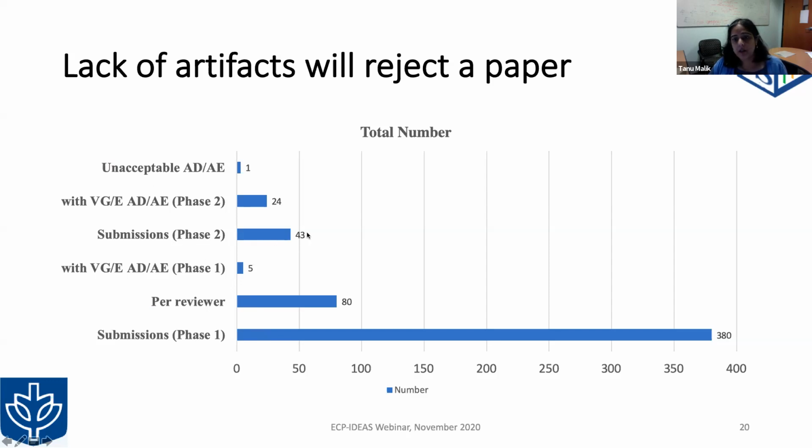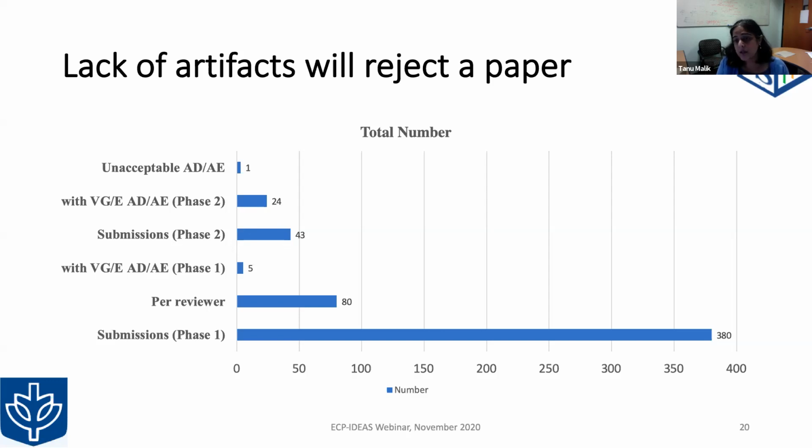After revision in phase 2, 43 of them got approved based on their technical review and their artifact review for proceeding to phase 2. And after phase 2, 24 of them got a rating of very good and excellent from me. And the remaining of them, which is 17 of them, did not qualify. So that was a combination of technical review and artifact description review.